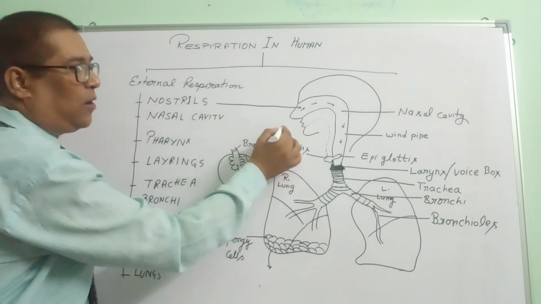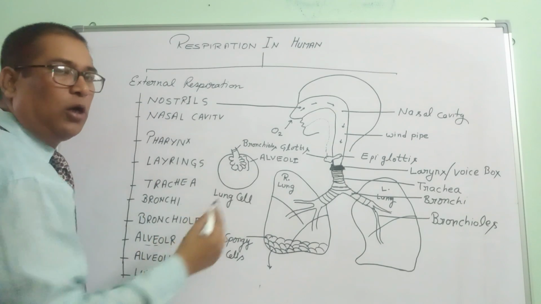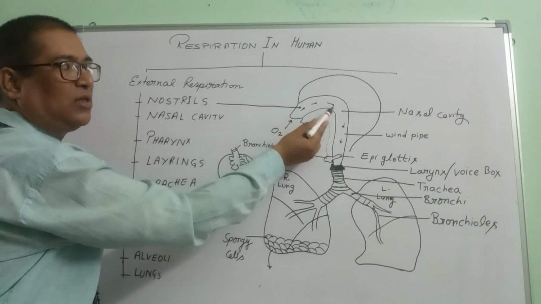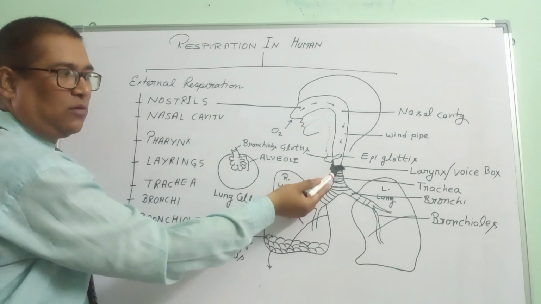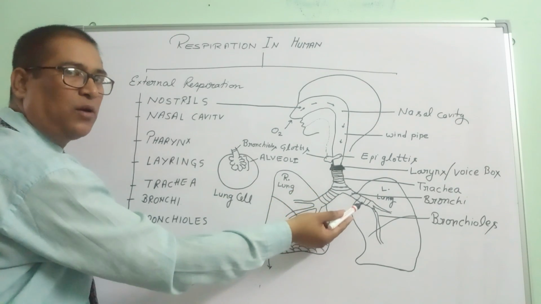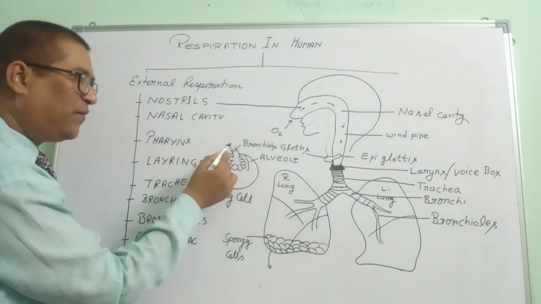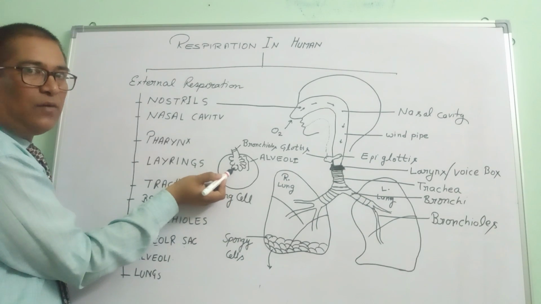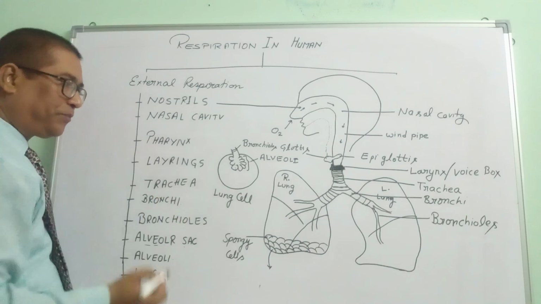All the atmospheric oxygen which we inhale is transported through the nostril, then the nasal cavity, then it passes into the larynx, then the trachea, then trachea to the bronchi, bronchi to the bronchioles, then bronchioles to, finally, the oxygen reaches this alveolar sac.